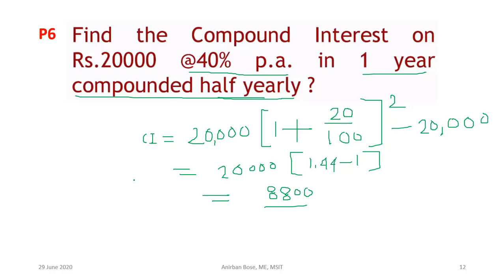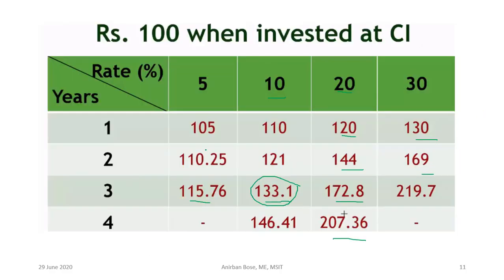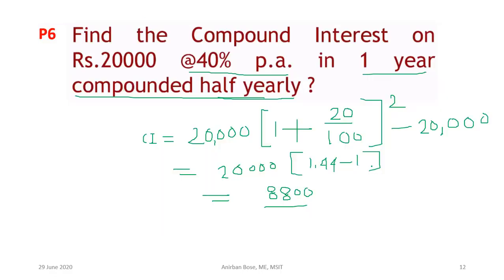Or if you can remember that table that we have just seen, that if the rate of interest is 20, after 2 such cycles it will be 144. If 100 is the principal, then it will become 144. So what is the compound interest? That is only 44. So 100 rupees will give 44. Then what is the principal here?